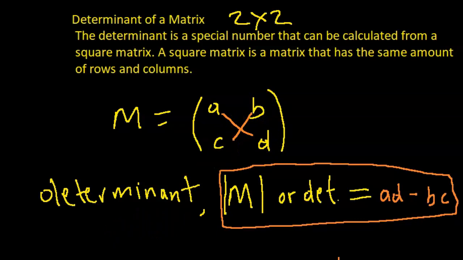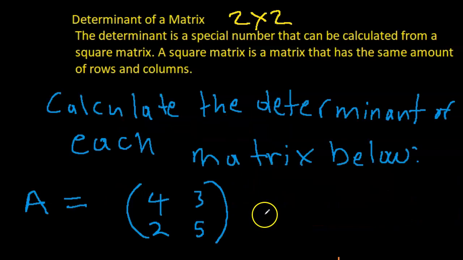Let's look at a few examples. Alright, so here's a problem. Calculate the determinant of each matrix below. The first matrix we're looking at is A equal to 4, 3, 2, 5. Alright, so the determinant of A, I'm going to represent it like that, or sometimes just abbreviate it, DET A, is equal to, as I said earlier, cross multiply and subtract.